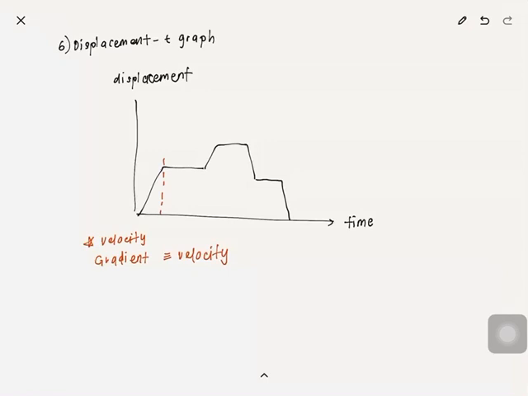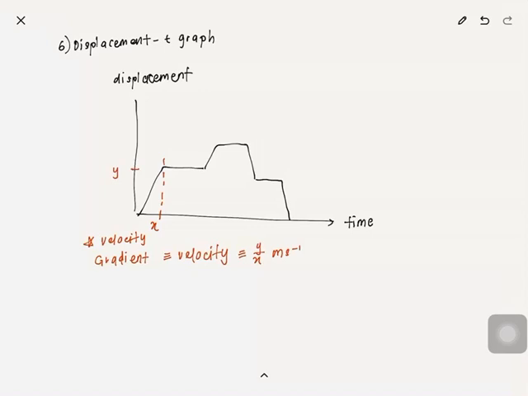So for example, if you want to find the velocity in the first part of the graph, then you will have to find its gradient, which means take your y divided by x. And that will be your velocity. So remember that for displacement time graph, gradient represents the velocity.